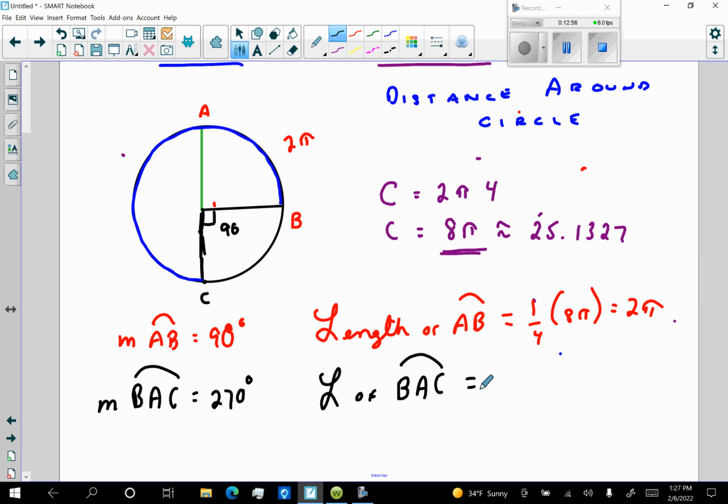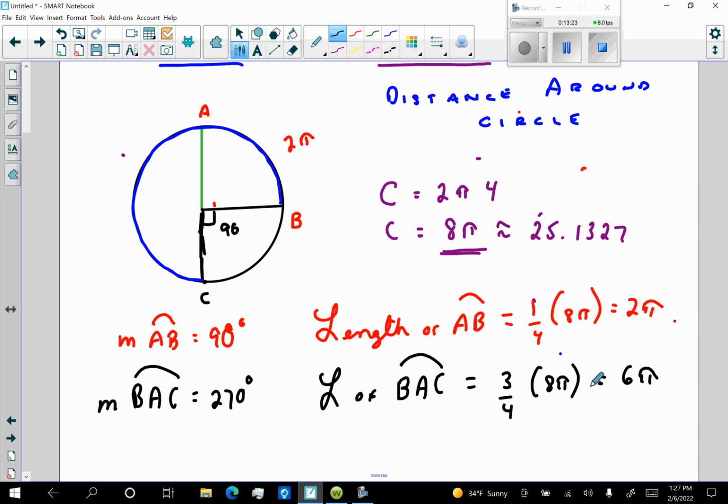The length of BAC is going to be 3/4 of the circumference. 3/4 of 8 pi will be 6 pi. Those are two easy examples of lengths of arcs.